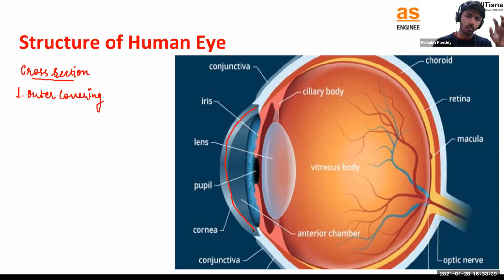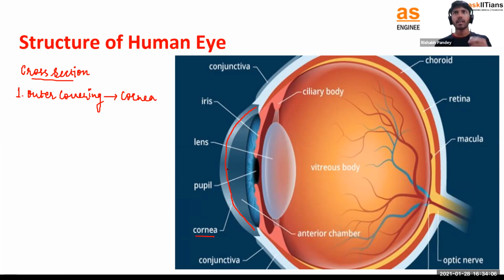This is the front part of our eye, which is bulged out. The front part is called the cornea.